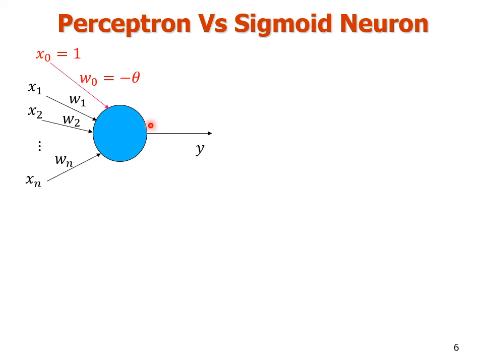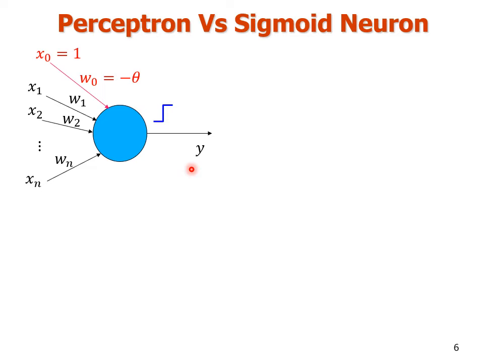We are having the weighted sum computed by the neuron and the activation function. So typically in perceptrons we are using the thresholding function as the activation function, and we are getting the output as 1 or 0.